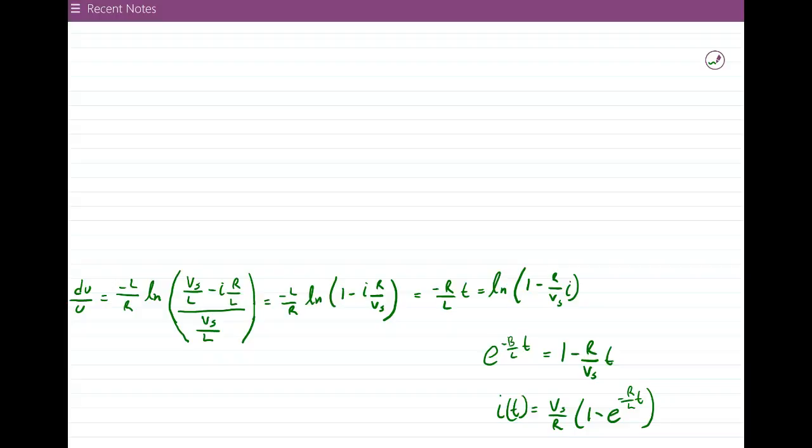So a long time after the switch is closed, the current is constant, which makes sense because remember, this is just a coil of wire. So it's just behaving like a piece of wire, with current flowing through it as if there's nothing there but a resistor.